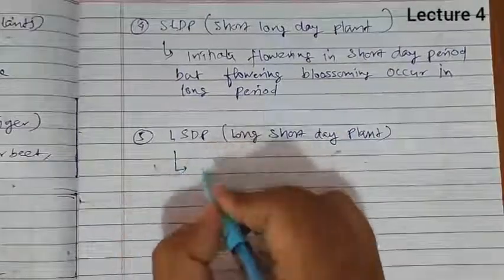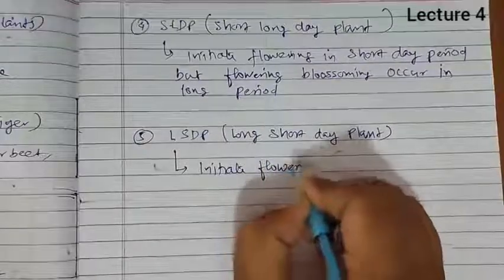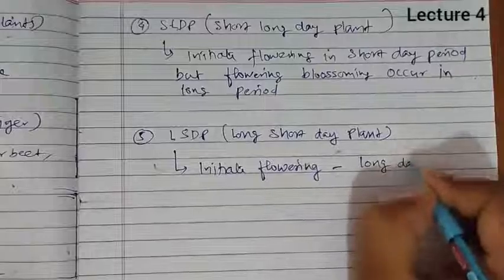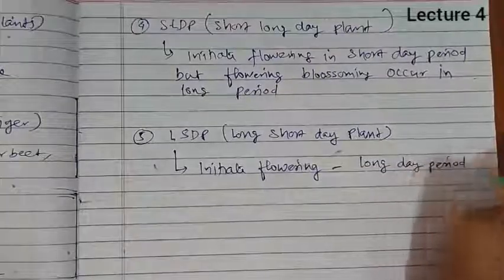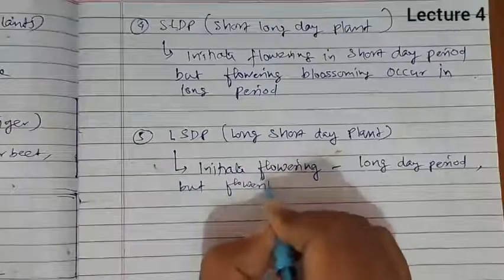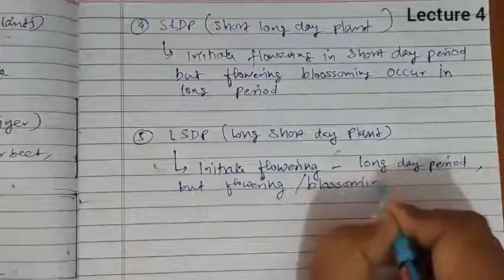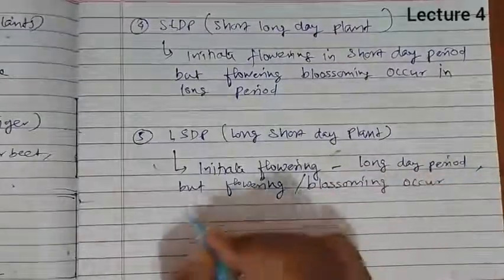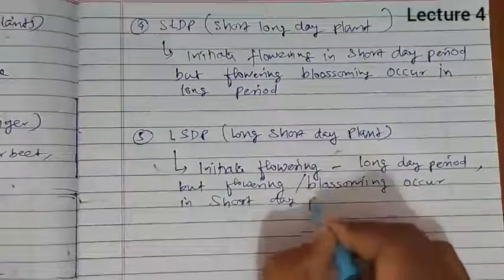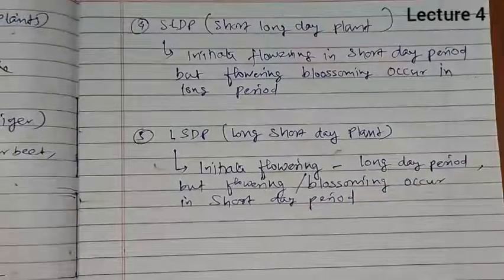In long short day plant, they initiate flowering in long day period, but flowering or blossoming occur in short day period. So these are the different categories which are also found.